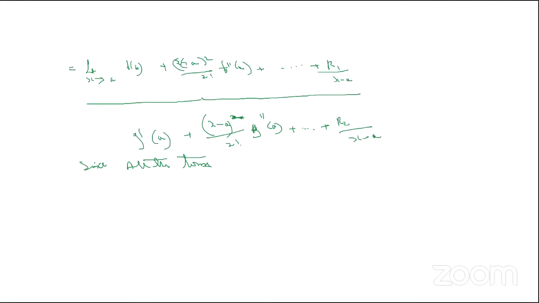All the terms having x minus a as a factor vanish. Vanish means to become zero. Vanishes when x tends to a. So hence the theorem. Hence proved.